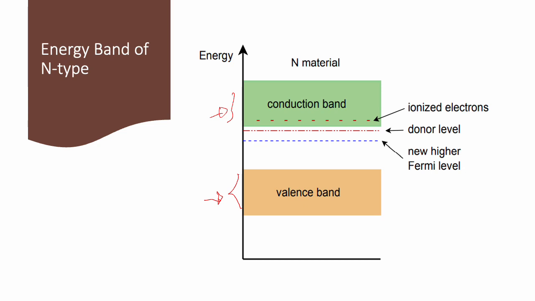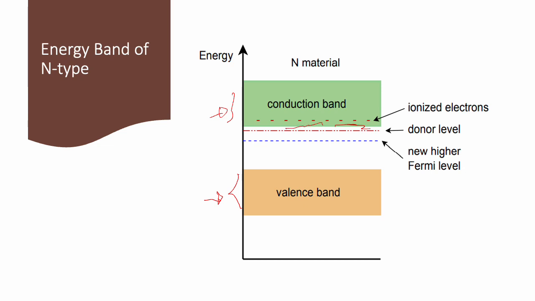Okay, so the conduction band here is empty or only partially filled with electrons, and these electrons in the conduction band are free to move through the crystal lattice.